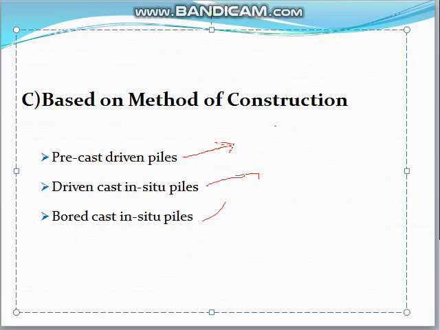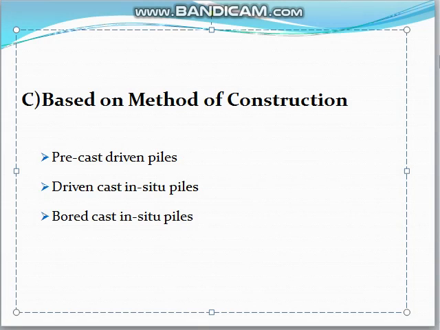The casing may or may not be withdrawn. The third one is the bored cast in situ piles. These piles are formed by making a hole into the ground and then filling reinforcement and concrete. So these are the different types of piles based on the method of construction.